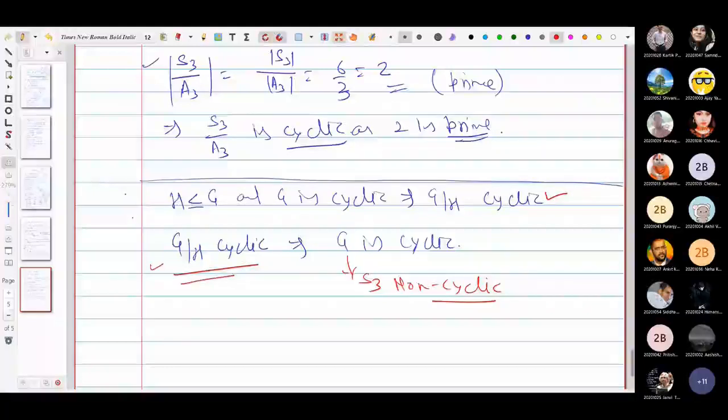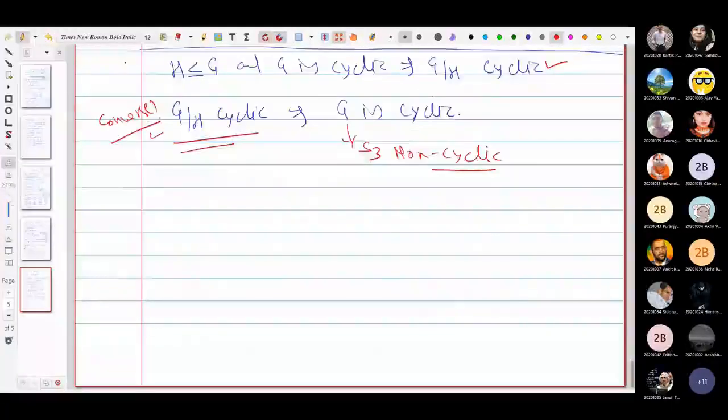So there is another theorem, not exactly the converse of this, but somewhat related with this. So next result, you can try it out.